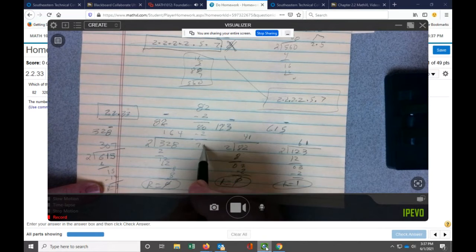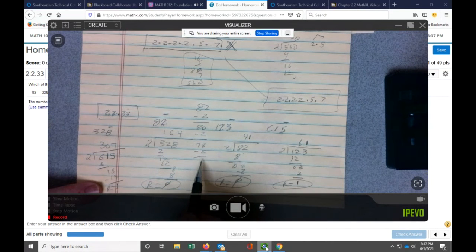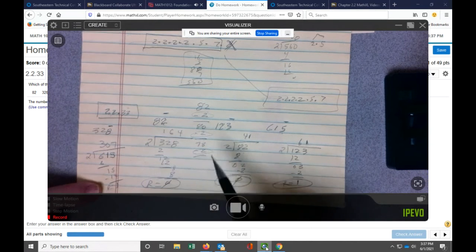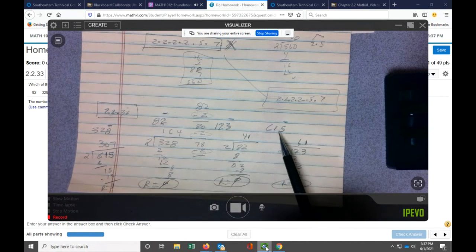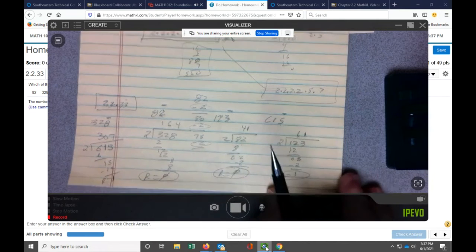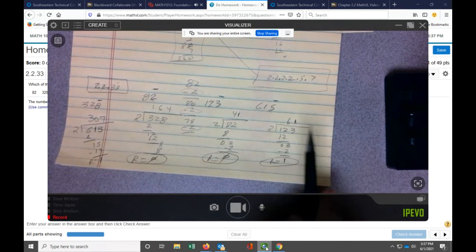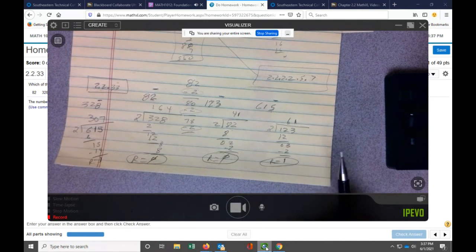Subtract 2 and get 78. Subtract 2 and so forth until you got down to the very end and convinced yourself that you had some total number of groups of 2 that used all of your 82 items here. And you could do that over here, and you'd come down to the end and you'd have a certain number of groups of 2, but you'd still have one left over.